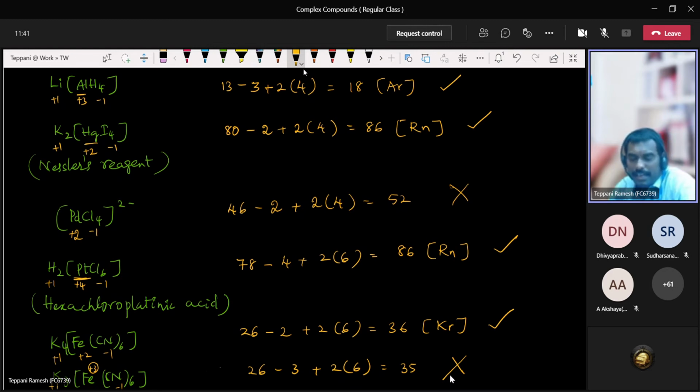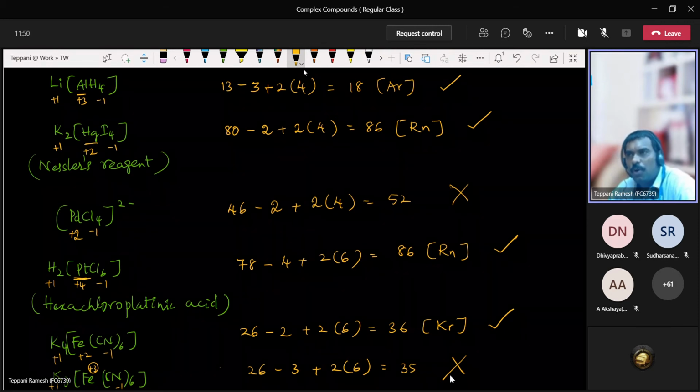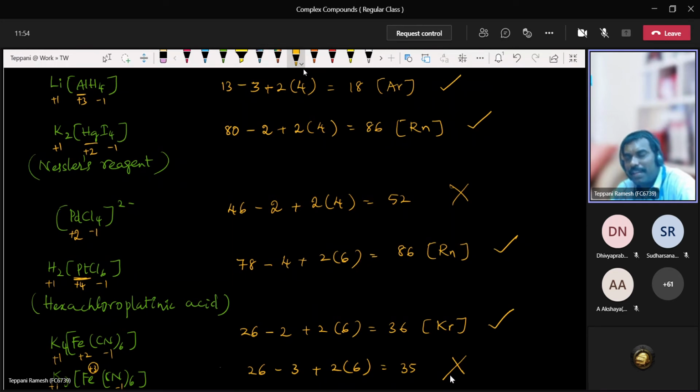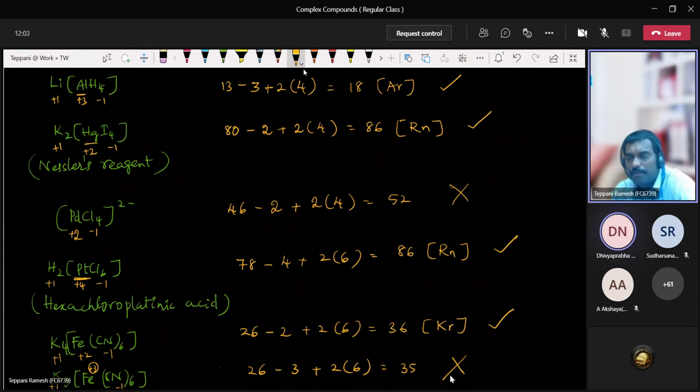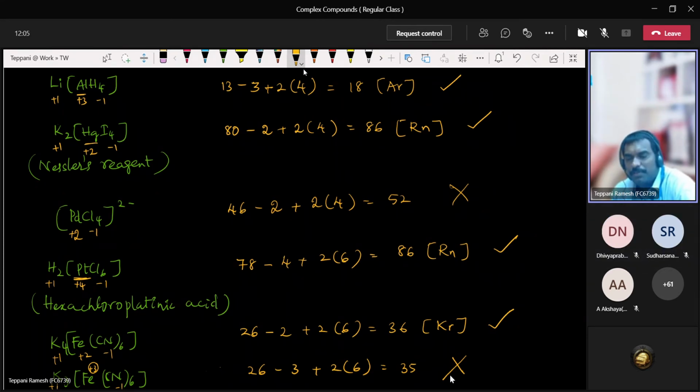See, according to the EAN rule, is potassium ferrocyanide more stable or potassium ferricyanide? Ferrous is +2, ferric is +3. According to EAN, ferrocyanide is more stable.